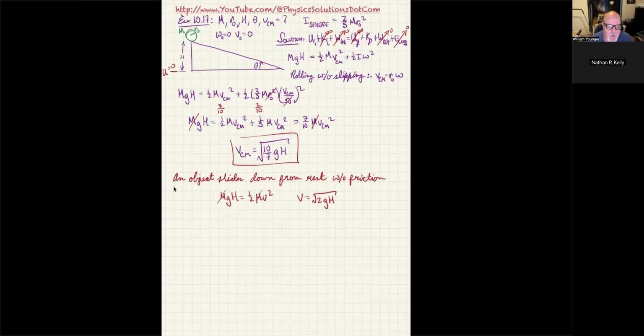The objects are a thin hoop or a plain wedding band, a spherical marble, a solid cylinder like a D-cell battery, and an empty soup can. In addition, a greased box slides down without friction. In what order do they reach the bottom of the incline? All the objects have the same mass m and radius r if they're rolling.